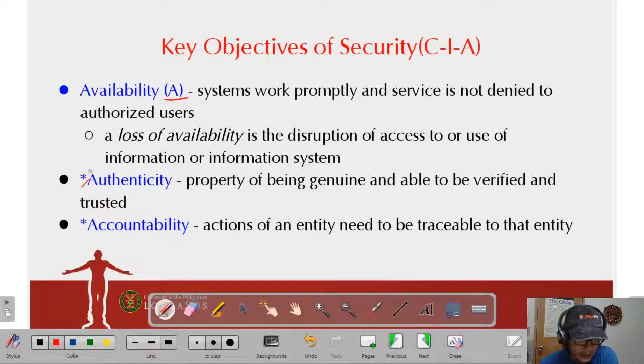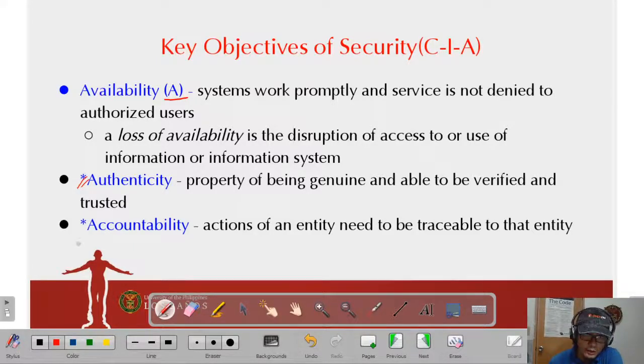So personally, I use the Google Authenticator to generate codes that I will input in addition to the username and the password. So that's authenticity. And in computer security, usually this is accomplished by cryptographic operations, which we will discuss later.